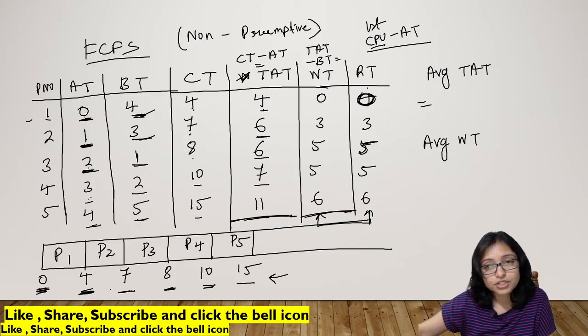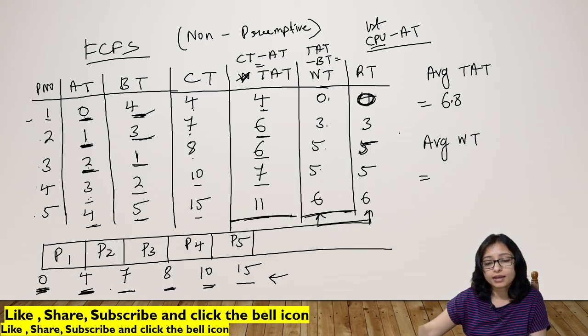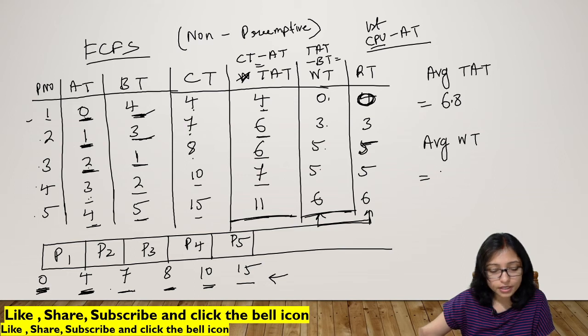Just do the total, and after that divide by how many processes there are. There are 1, 2, 3, 4, 5 processes. After that divide it, and your average will be 6.8. And for the average waiting time, add all, and after that divide by 5. So here it will be 3.8.